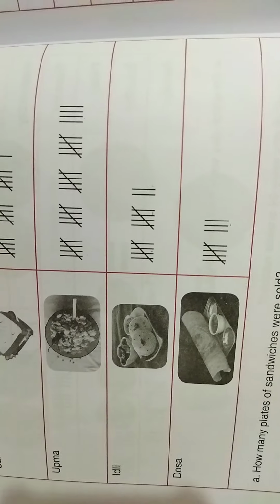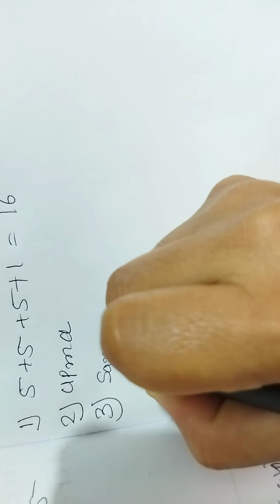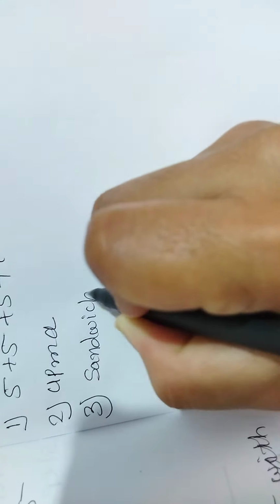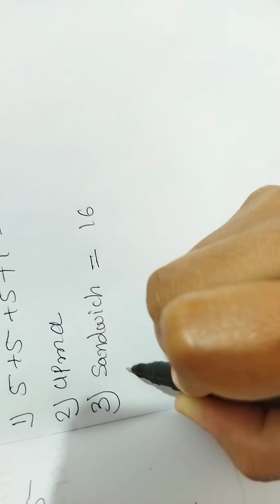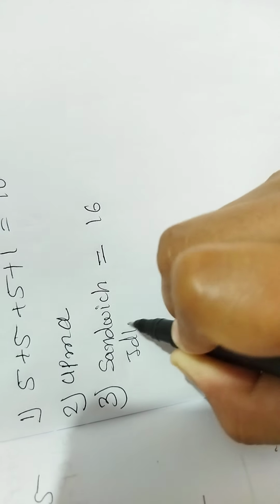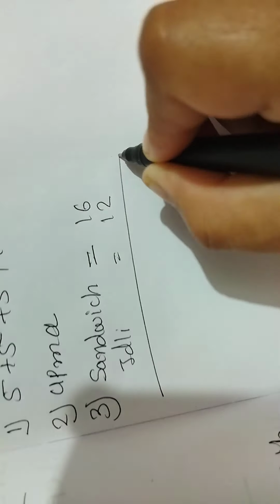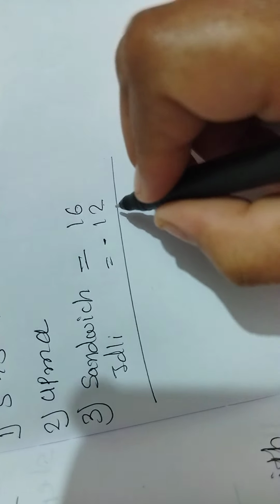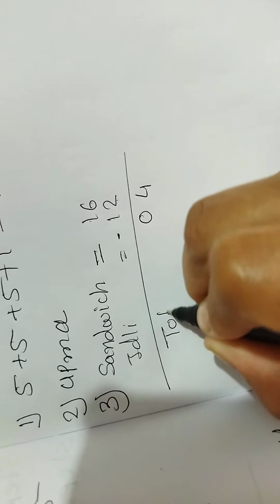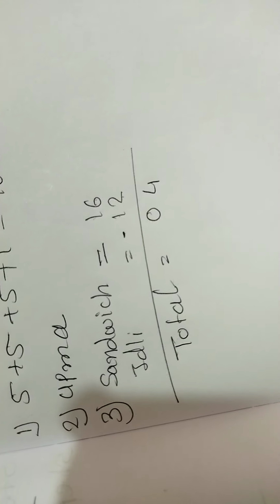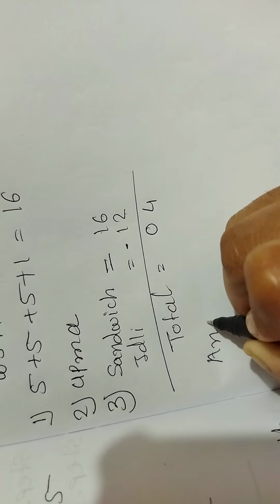So we have to write here sandwich is equal to 16, and here idli is equal to 12. 6 minus 2, 4, 1 minus 1, 0. So the answer is 4.